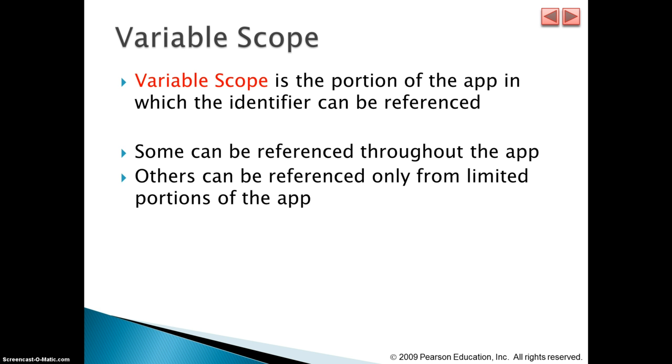The ones that can be referenced throughout the app are generally referred to as global variables, and those that can be referenced only within a particular routine are referred to as local variables. That genre is common across programming languages, but I also want you to be familiar with the terms relative to VB specifically.